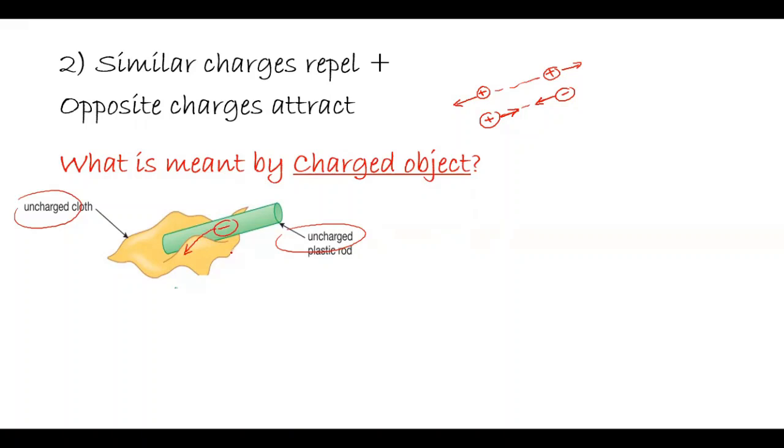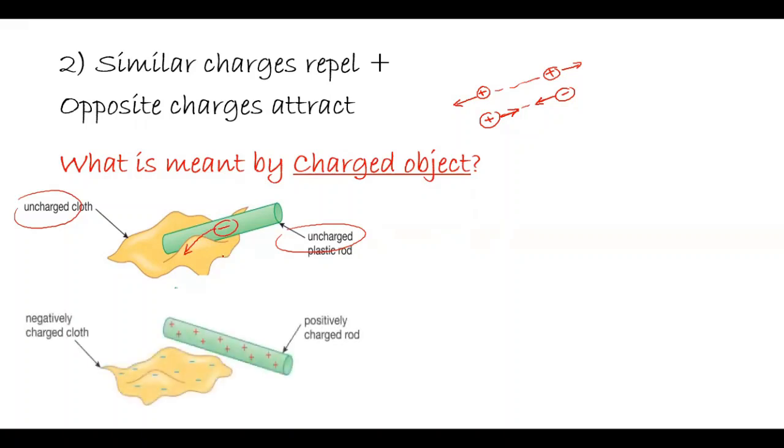So this process ends up with a negatively charged piece of cloth and a positively charged rod, because some electrons have moved from the rod to the cloth. So this piece of cloth now has excess electrons, and this is why we say this piece has negative charge. The excess charge on it is negative, and the excess charge on the rod is positive.